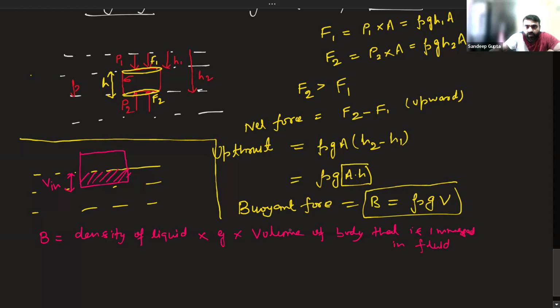That volume only you have to take, not the complete volume. If it is completely immersed, you can take the complete volume, no problem. If it's partially immersed, then you have to use only that part of the body. So rho g V_in, in means inside the liquid. That should be the formula. Understood?